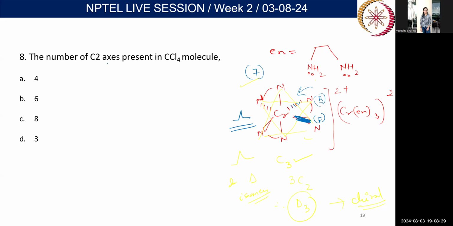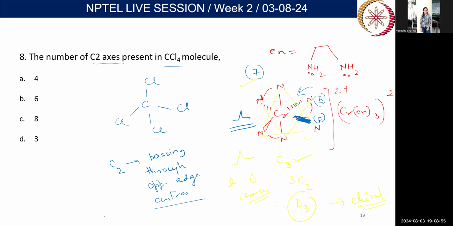Now, number of C2 axes present in CCl4. You know that CCl4 also belongs to a tetrahedral kind of symmetry. Now, we know how the C2s are present. C2s are present passing through the opposite edge centers.